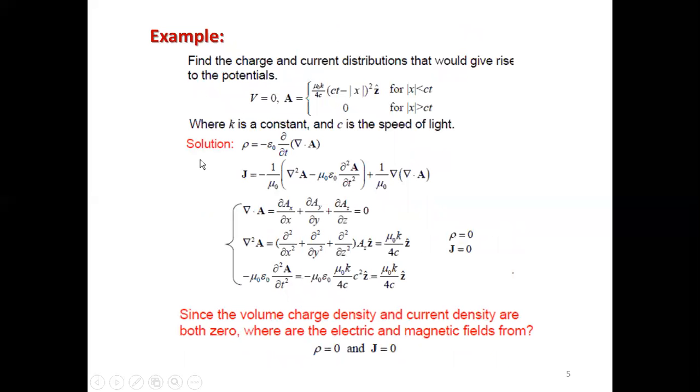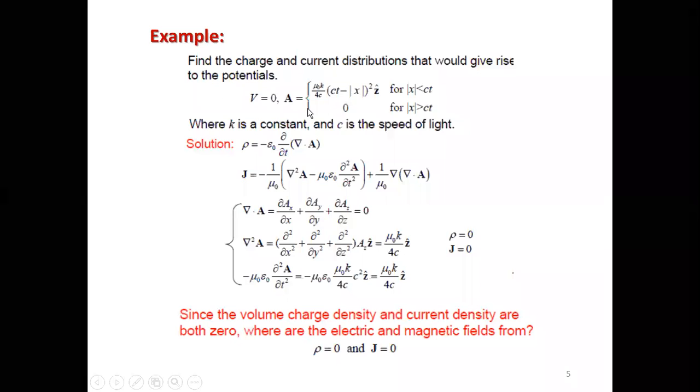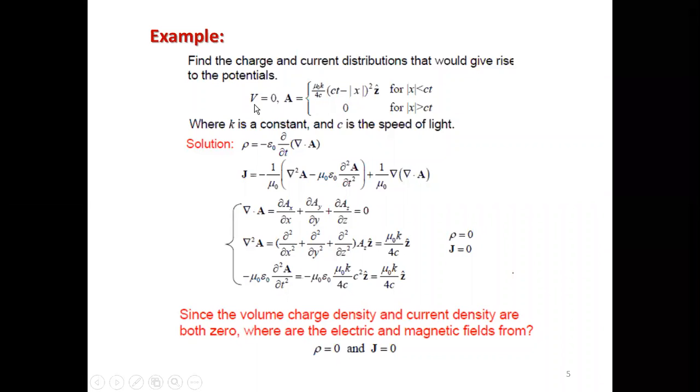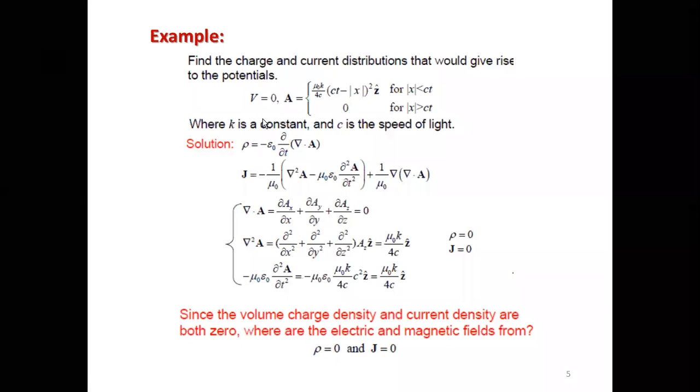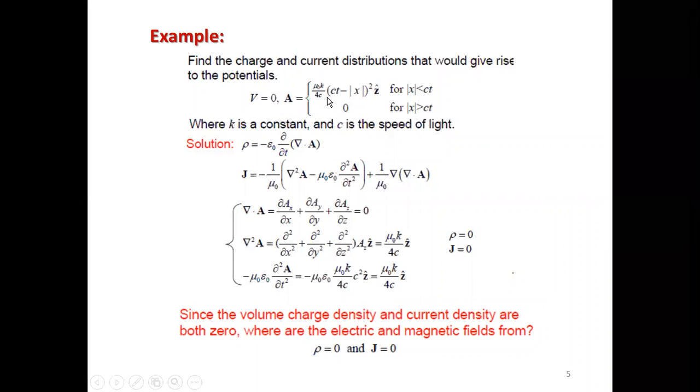Now let us take one example of how to calculate this. There is one problem I am taking here: suppose the vector and scalar potentials are defined such that V equals to 0 and A equals to mu 0 k by 4c (ct minus mod x) whole square z-hat, for mod x less than ct, and for mod x greater than ct, A is 0.